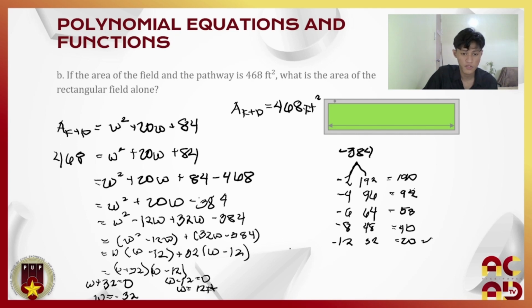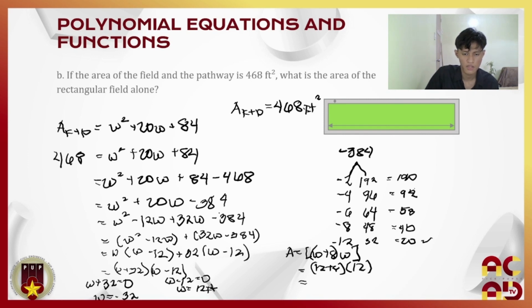So ipa-plug natin yung formula ng width natin kanina, which is yung length niya daw ay w plus 8 times the w. So substitute natin yung 12 plus 8 times the w, which is 12.